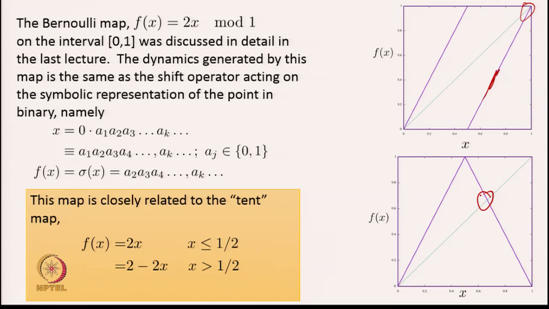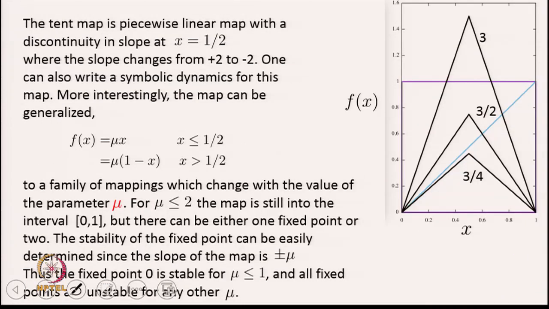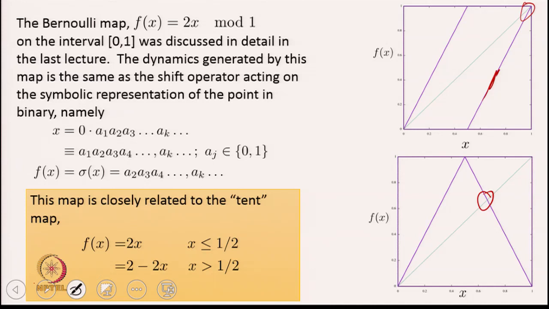But I am introducing the tent map for a different reason, which is basically to introduce maps that have a parameter in them. Now, the tent map is a piecewise linear map, and there is a discontinuity in slope at the midpoint, x equal to 1/2. The slope changes here from plus 2 to minus 2 in this case.